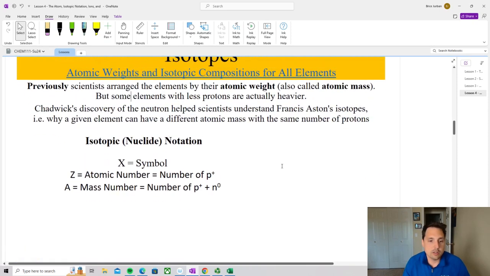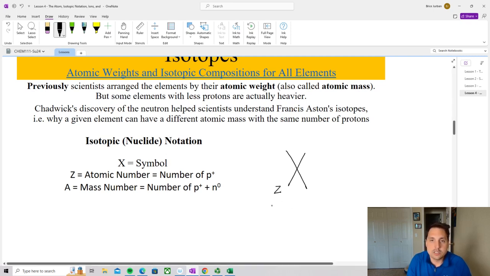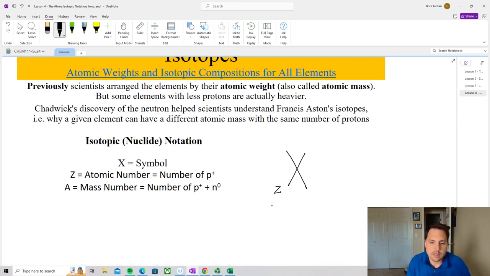All right, so let's look at isotopic or nuclide notation. In the middle, we're going to list the atomic symbol, let's say it's X. There's no atom with that symbol X. And then in the bottom left corner, we'll write the atomic number, which is the number of protons, or more correctly, the charge on the nucleus.